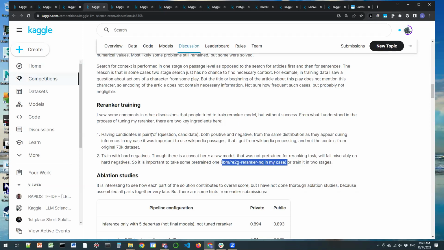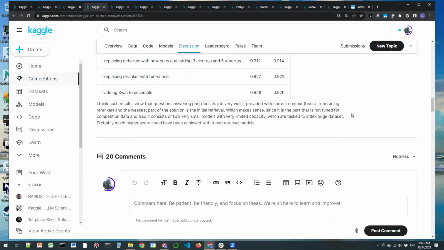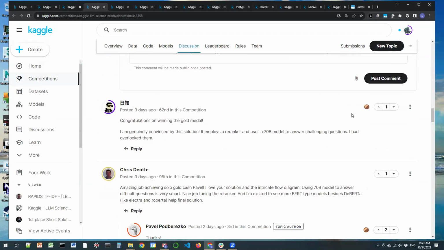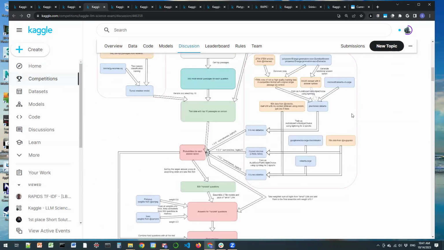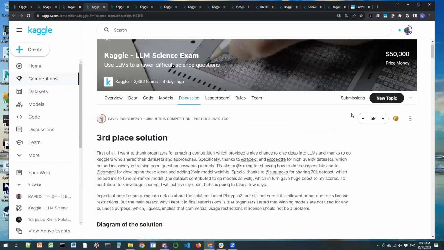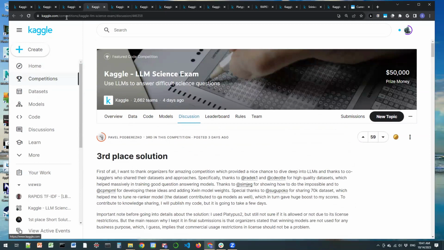Also, there's some mention of negative training, with hard negatives. There is a solo goal too. It'll be interesting. Keep an eye on the third one.